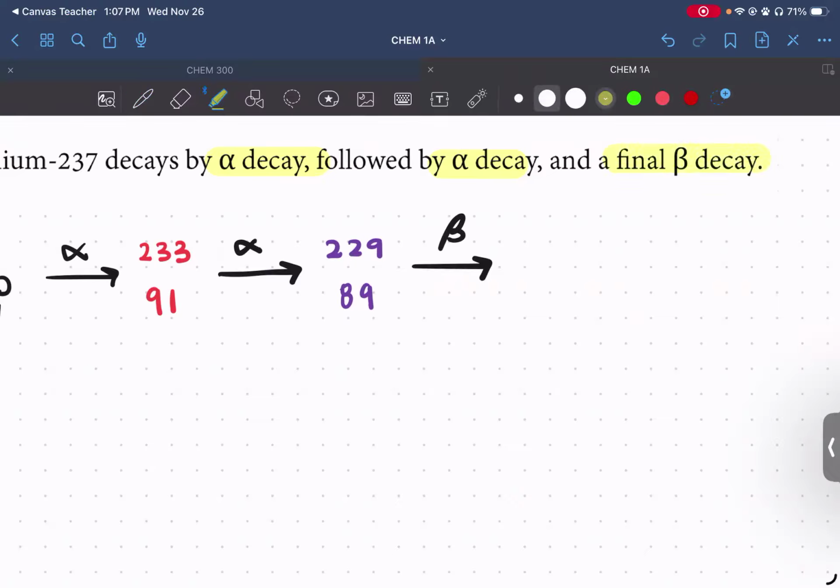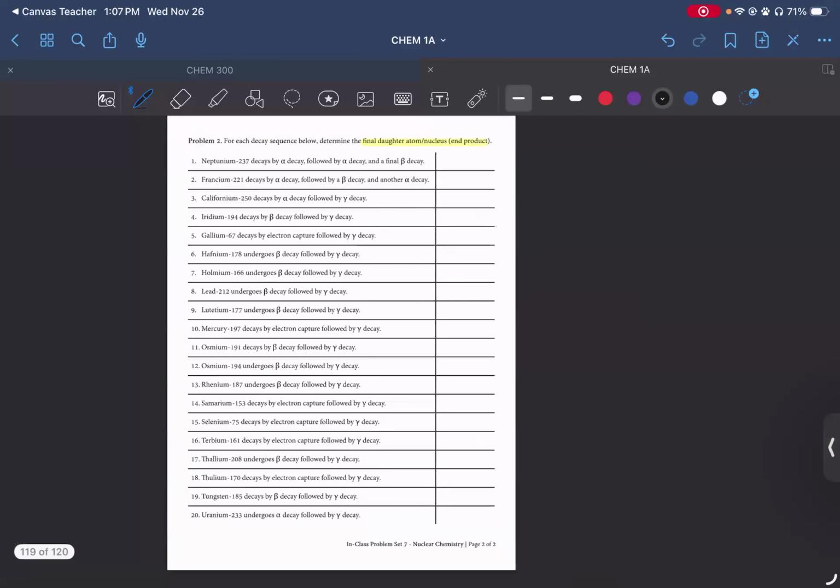That is our final decay. In the case of beta decay, nothing happens to the mass, whereas the atomic number increases by 1. This is clearly my final product, so I will now spend the time identifying it.